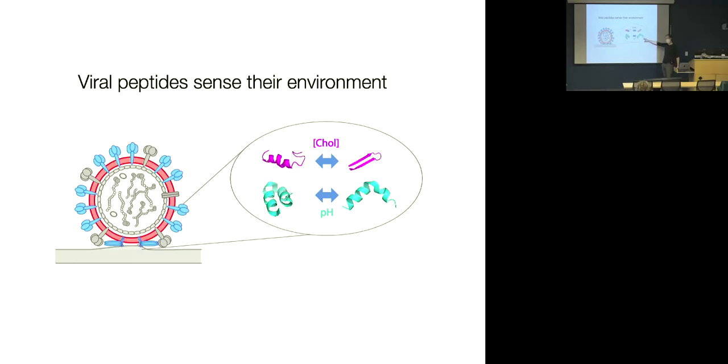For influenza, that switch is pretty well documented spectroscopically, and that's a pH switch. Even the membrane-inserted portions, not just the whole glycoprotein, undergo conformational equilibria that are modulated by pH and control fusion activity. For HIV, it's a little more controversial, but there are pretty clear data showing a cholesterol-mediated conformational switch.